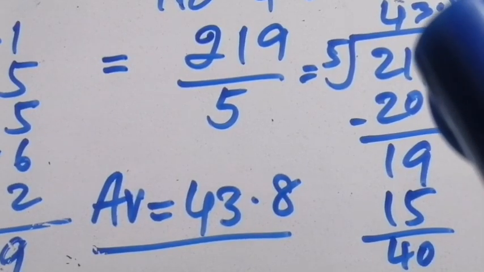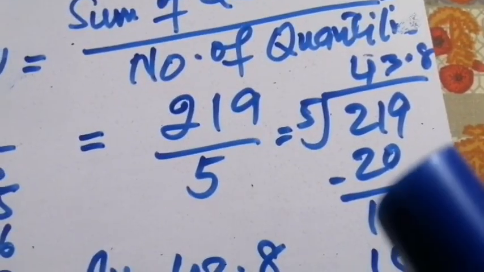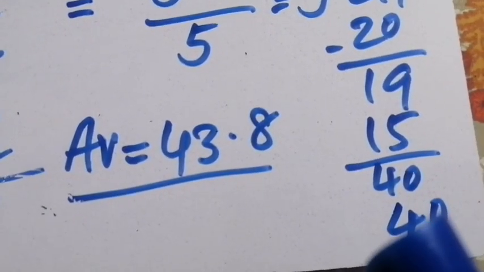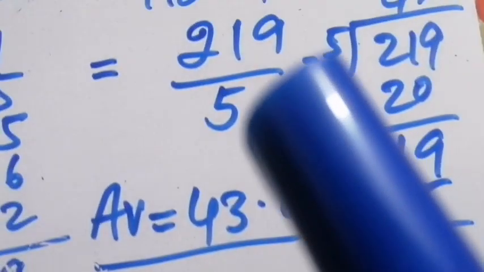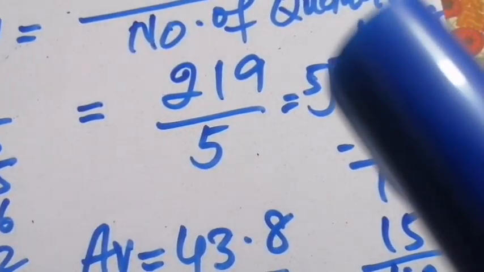We'll place a point here, and there will be a 0 over here. So 5 8s are 40. So we got the answer: it is 43.8.